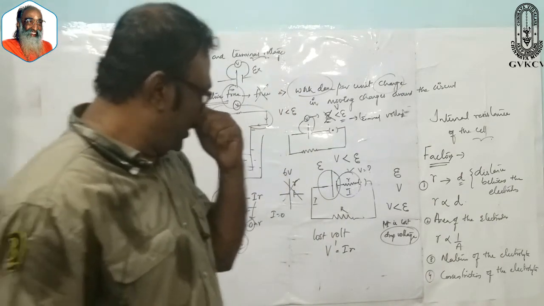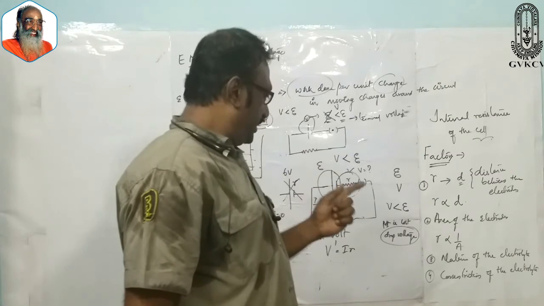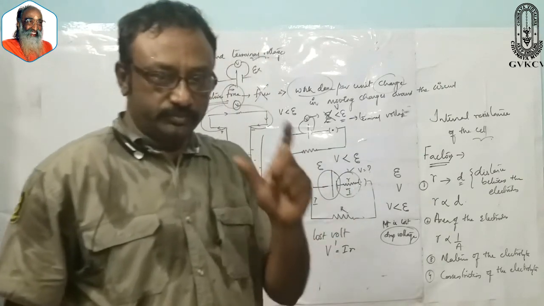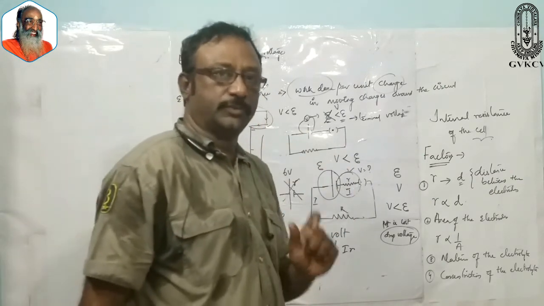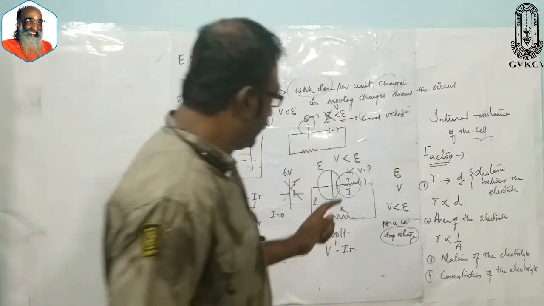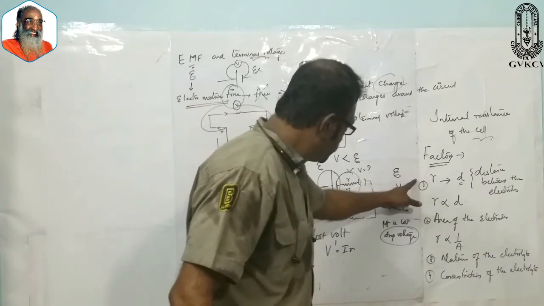So resistance depends upon the distance, area of electrodes, nature of electrolyte, concentration of the electrolyte, and the other one is temperature. Temperature also influences.